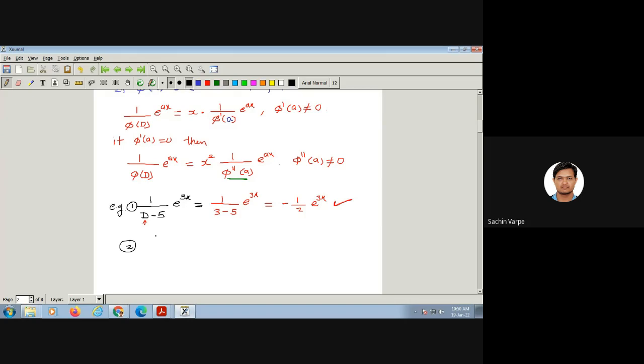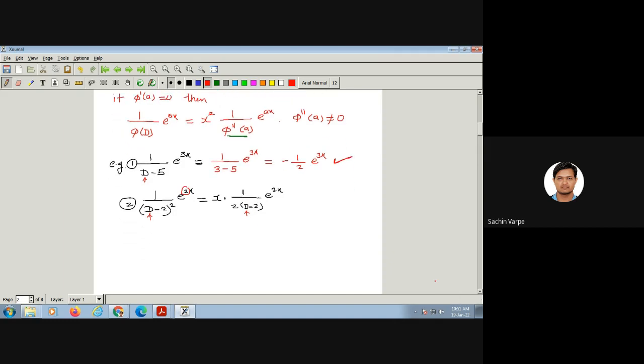Second example, if I have the particular integral like this, 1 upon D minus 2 the whole square e to the power 2x, then if you look at this, when I replace D by a, that will be a case of failure. Yes or no? That is a case of failure. So what do we do in that case? We multiply by the independent variable x into, we take the derivative of the denominator, that is 2 into D minus 2 into the derivative of D minus 2, which is 1, e to the power 2x, and now we will use the case, that is we replace D by 2.